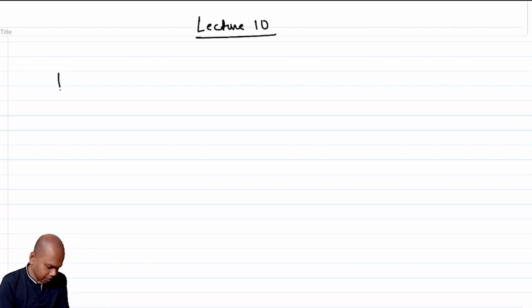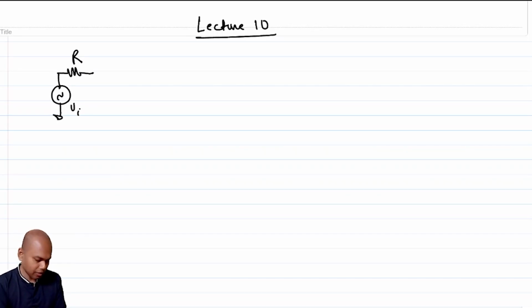So again, let's say I have an input source, and for all RF applications we assume that the input source is associated with the resistance R, because that's the practical scenario.